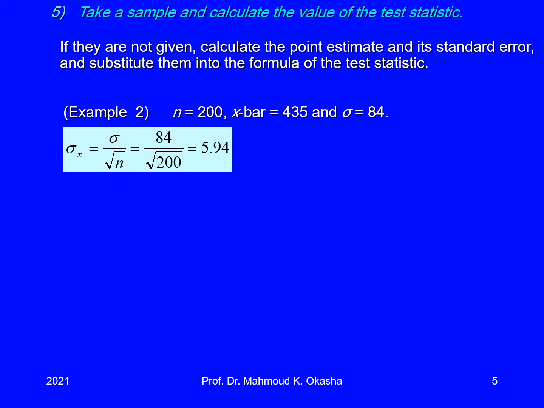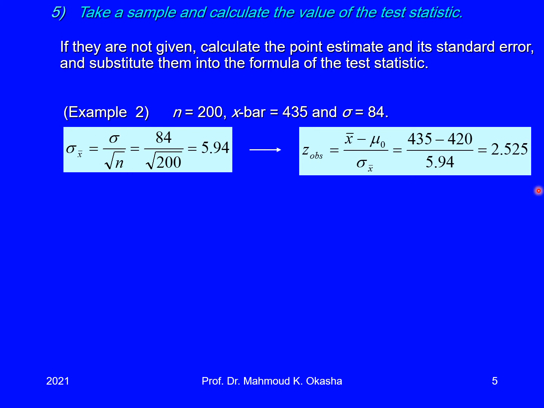We use S x bar, the standard error of x bar, and usually these are given. We substitute these values into the formula of Z, so the sample values are used to calculate the observed Z.